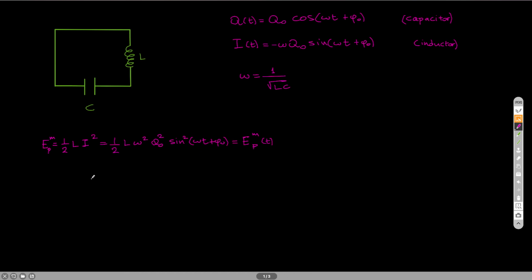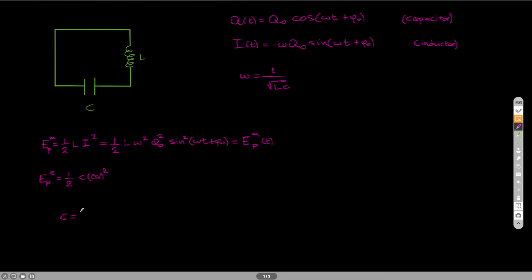Now this is what I get for the magnetic potential energy of the inductor, and for the electric potential energy stored in the capacitor, in the electric field of the capacitor, that expression, we did it when we discussed capacitors, is 1/2 C delta V squared. Now I need to do some kind of transformation here because I have C and delta V, but what I know about the capacitor here is the charge.